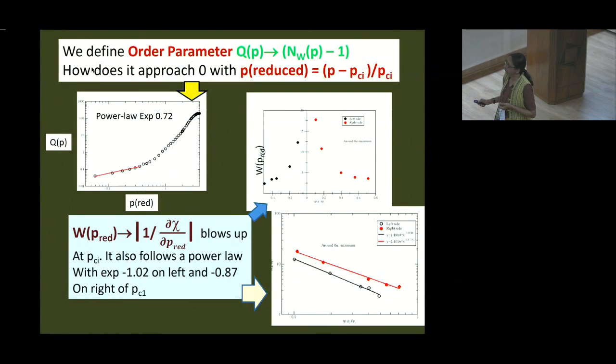And again, if we take the log-log plot of the variation near the transition point, then we have, again, some power law type of behavior with these exponents, minus 1.02 and minus 1.87. It is asymmetric about the peak. The exponents are slightly different. But for the minimum also, we shall have exactly similar numbers from the symmetry of the problem.